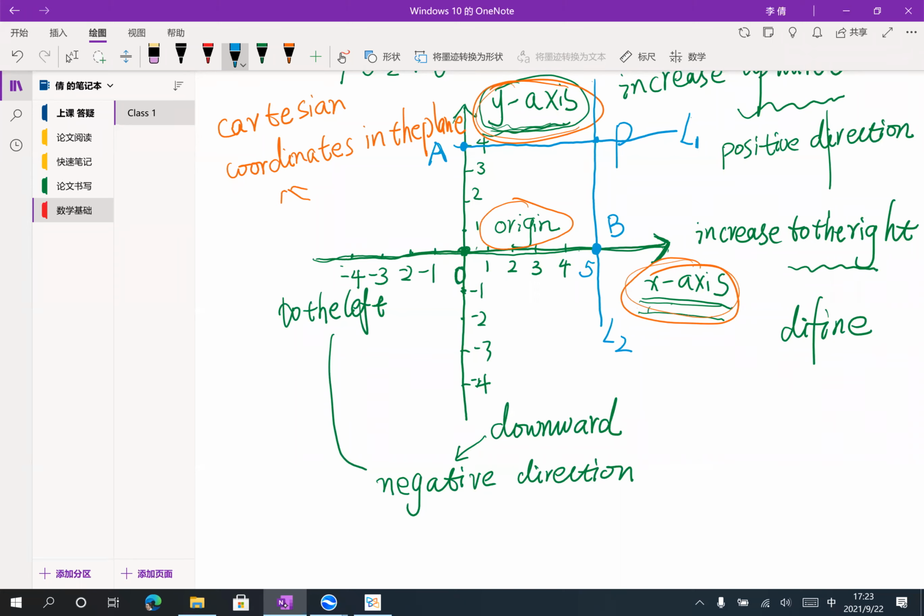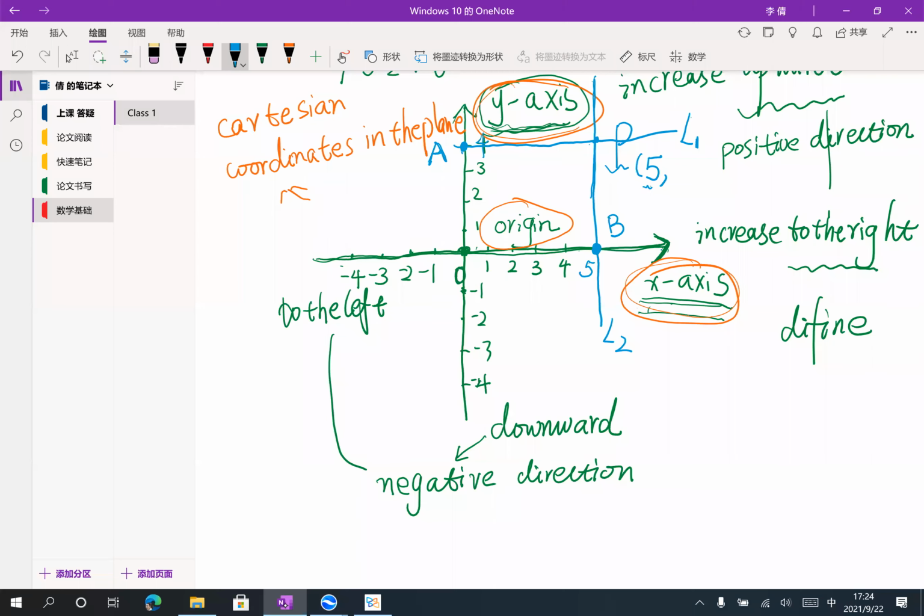Let's see. This intersection is on the y-axis, and this point on the y-axis is 4, right? So we say this point P is parenthesis 5, 4. The first number is 5, and this 5 means if we draw a vertical line through this point P, the intersection on the x-axis is 5.